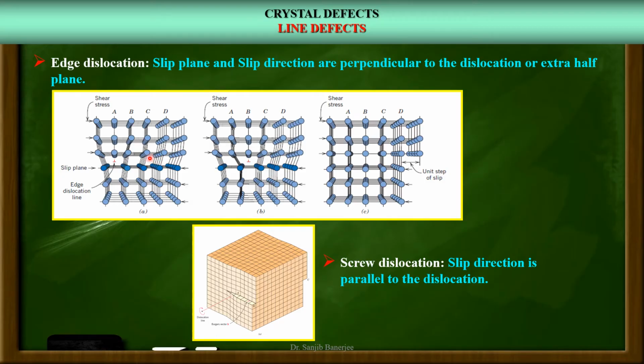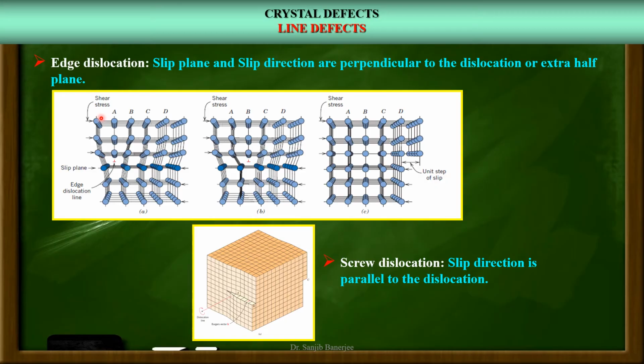The edge dislocation or the extra half plane is represented by this symbol as shown in this figure. So due to the presence of this extra half plane, the material has been sheared under the effect of a much lesser force.